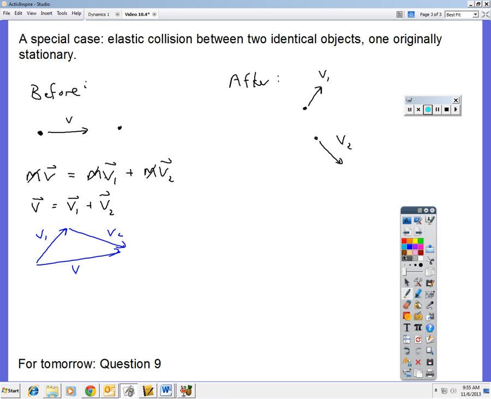If we apply conservation of energy, because it's an elastic collision, we'll find that 1/2 mv squared equals 1/2 mv1 squared plus 1/2 mv2 squared. So we can divide the entire equation by 1/2 m, and we get v squared equals v1 squared plus v2 squared.